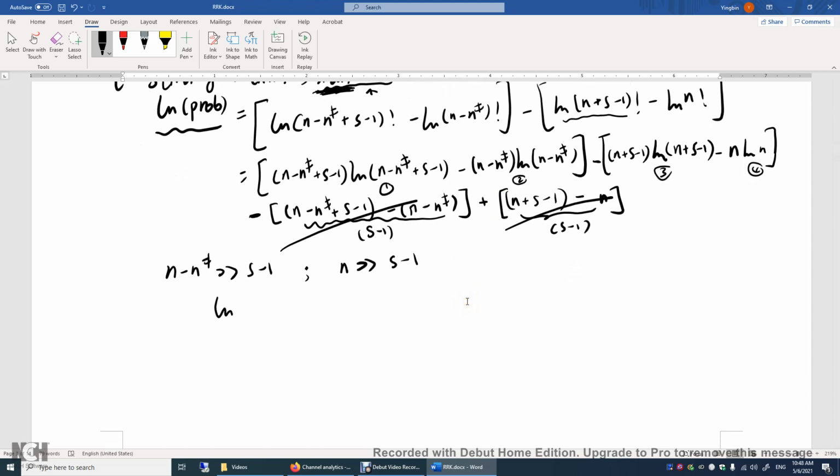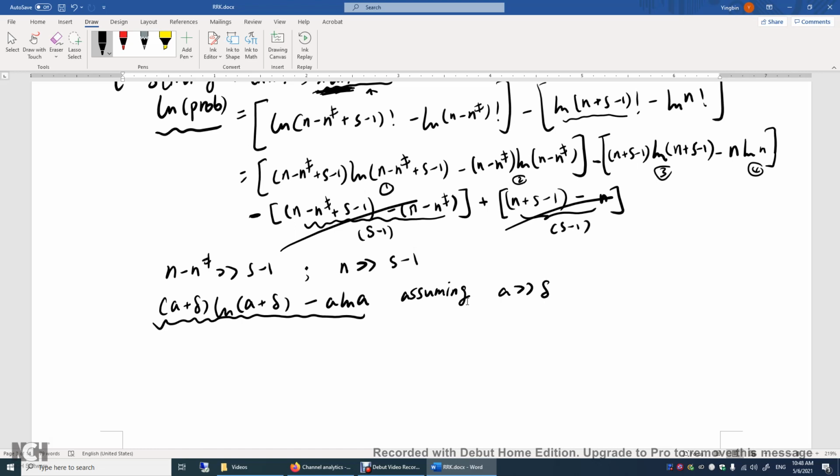I'm going to derive this a plus delta times the logarithm of a plus delta, minus a times ln a first. Okay, I'll work on this, assuming a is much greater than delta. Okay, delta is really small.